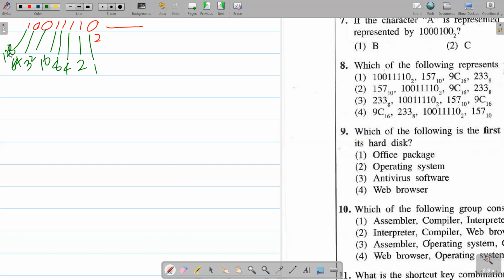Oh, well done, Udamya. Very well done. In this occasion, we have to add it up. 128 plus 16 plus 8 plus 4 plus 2. So 16 plus 4 is 20, 8 plus 2 is 10, and we have 128, which gives us 158.